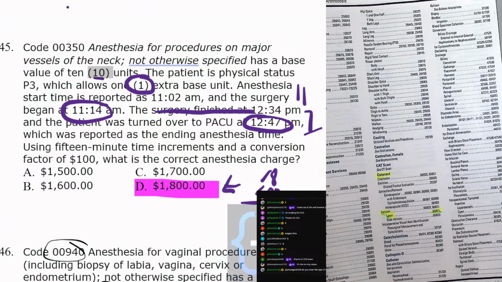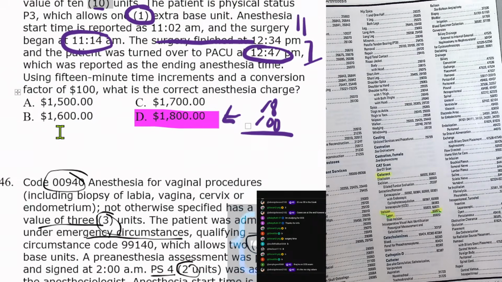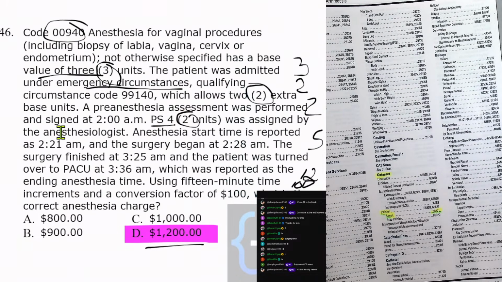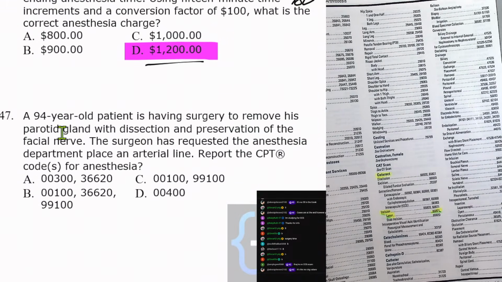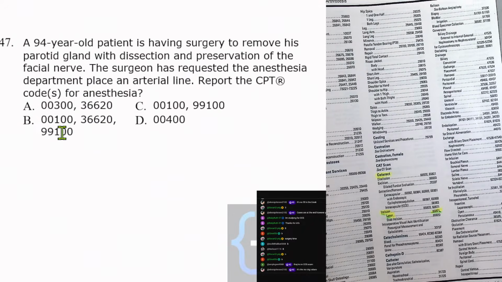But these will not be on the CPC exam. Nothing like that you would ever need to do. This might be something for the CCS people, but not for CPC. The only thing that you might need to know is that 15 minutes equals 1 unit of anesthesia time. That's all.